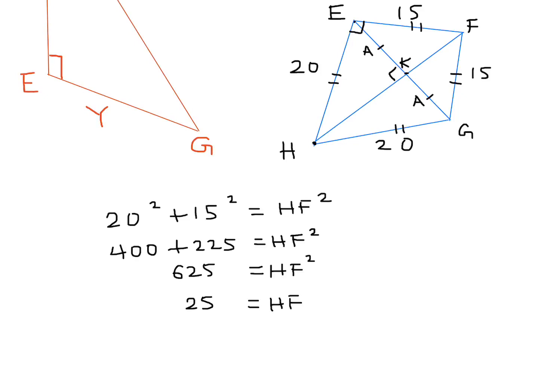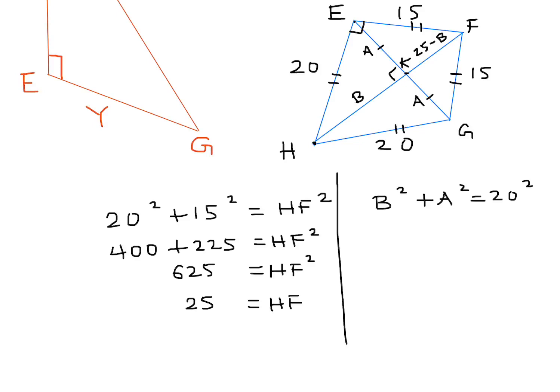Now I'm going to call this B from H to K, and therefore K to F is 25 minus B. Okay? Now you'll notice in this triangle right here, it's a right triangle. So we can again use Pythagoras. We have B squared plus A squared is 20 squared.